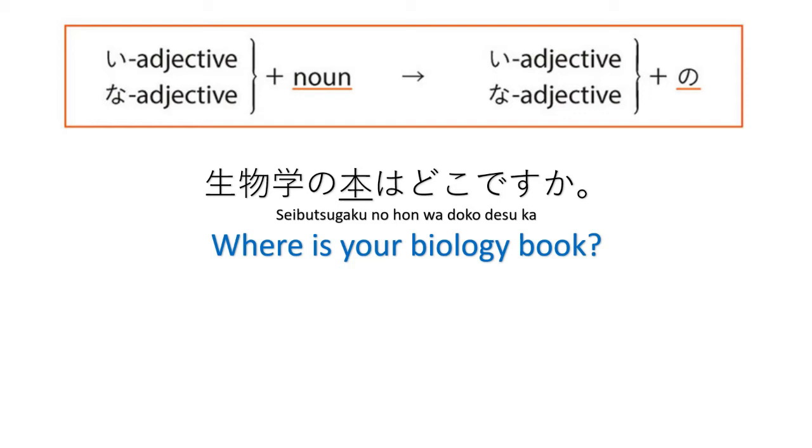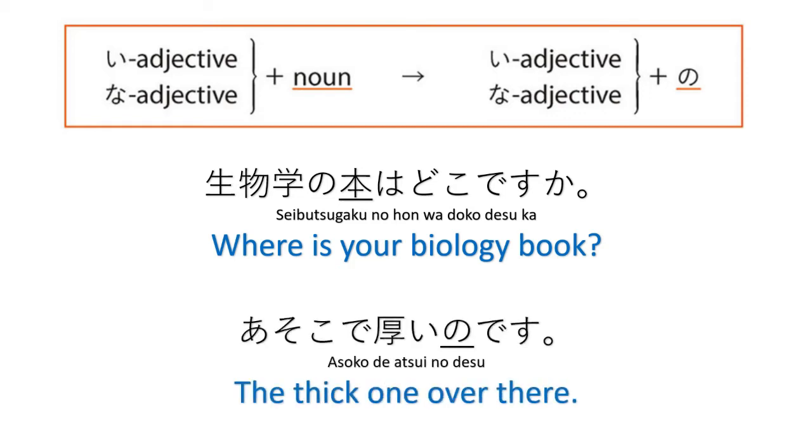Seibutsugaku no hon wa doko desu ka? Where is your biology book? So biology book. Now in here we do not want to repeat the word book or hon. So the answer is asoko de atsui no desu.